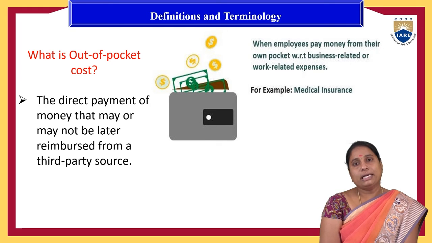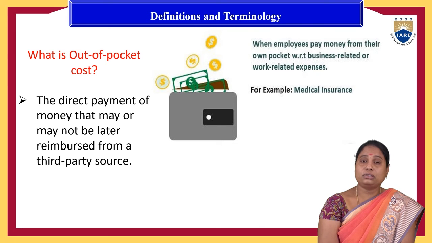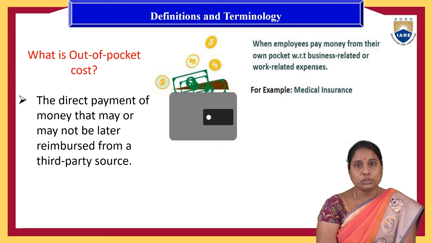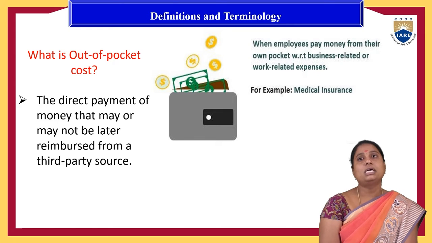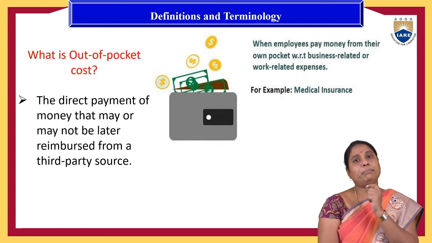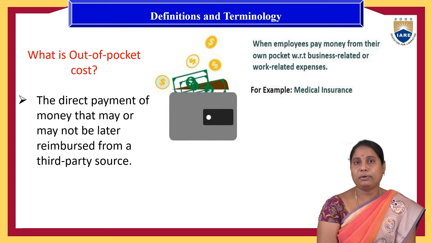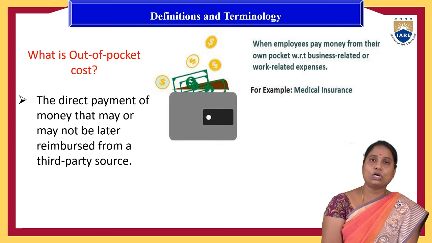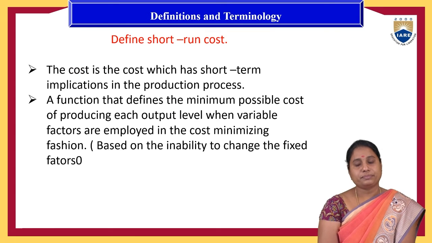Most organizations provide medical insurance to their employees. If any organization doesn't provide it, in this pandemic situation it is better for people to go for medical insurance on their own. Now if the employees spend from their own pocket for the medical insurance, then that expenditure by the employees will be called out of pocket cost for him. That is the out of pocket expenditure.